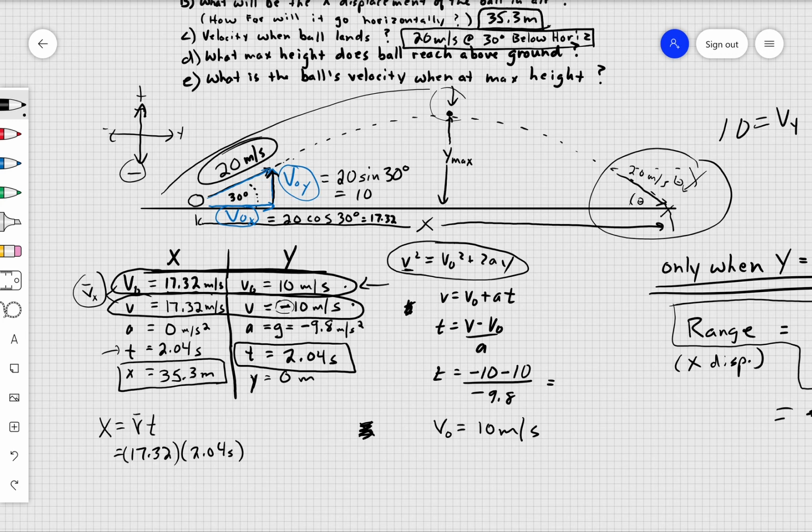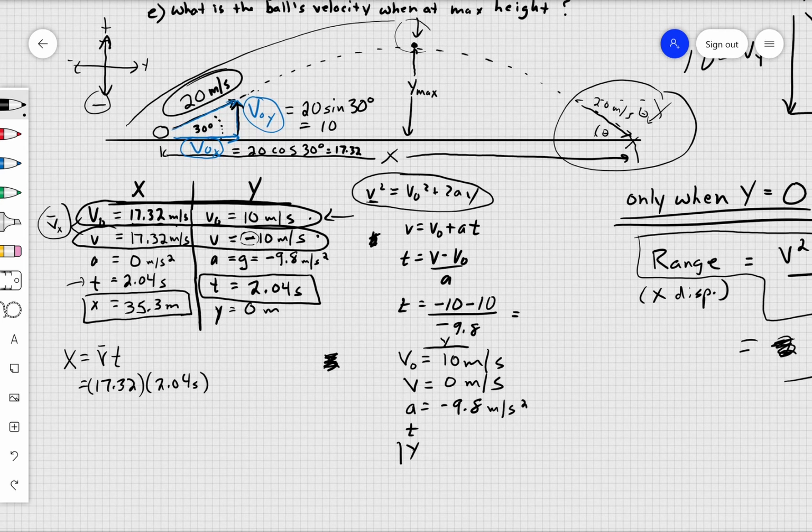In the Y direction, an object has been thrown vertically upwards at 10, and we want to know how high it goes. Its final velocity, in this case, at maximum height in the Y dimension, is 0. Acceleration is negative 9.8. T we don't know, but Y is what we're looking for, that Y max.